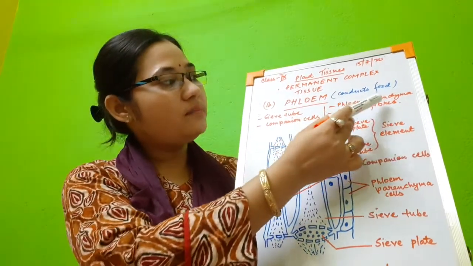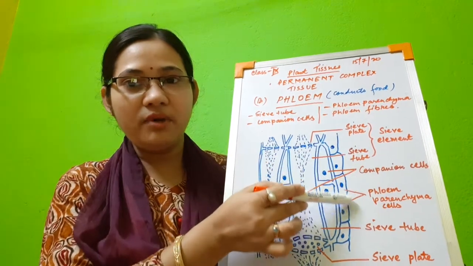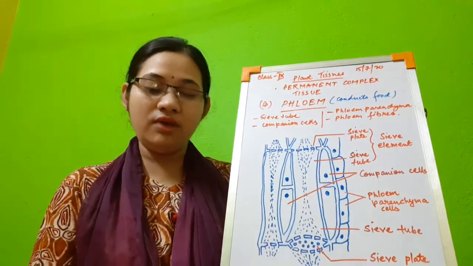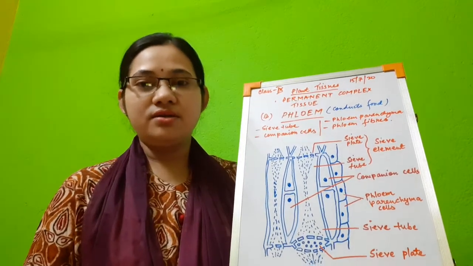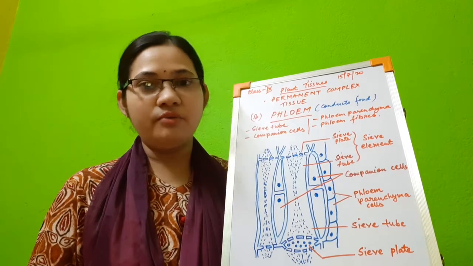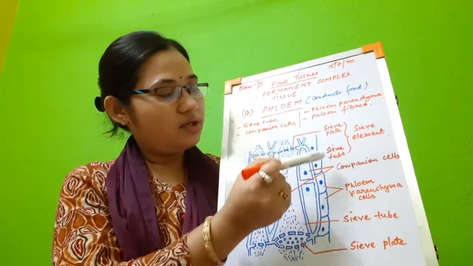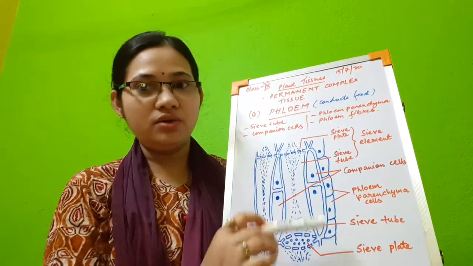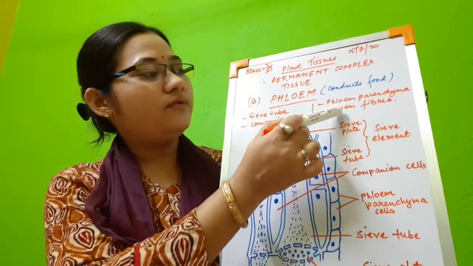Then comes phloem parenchyma. The phloem parenchyma cells are living in nature, and they help in photosynthesis, in preparation of certain substances, and in storage of proteins, fats, etc. So phloem parenchyma are the storage cells. They store the nourishment for the whole phloem tissue. And the last one is phloem fiber.